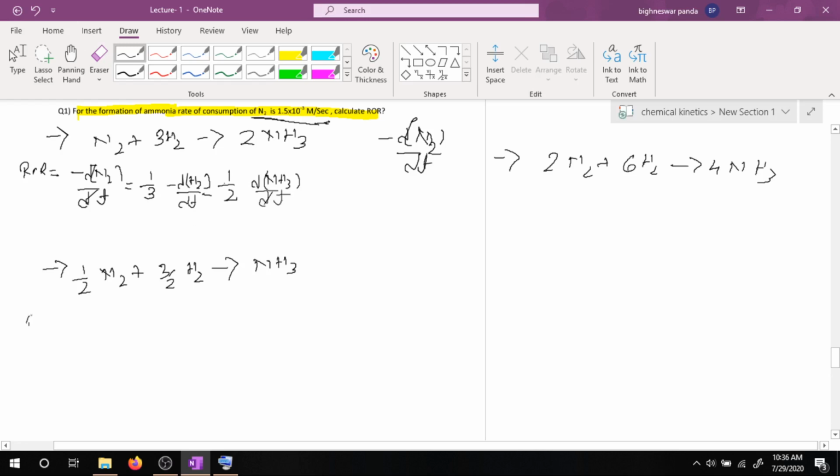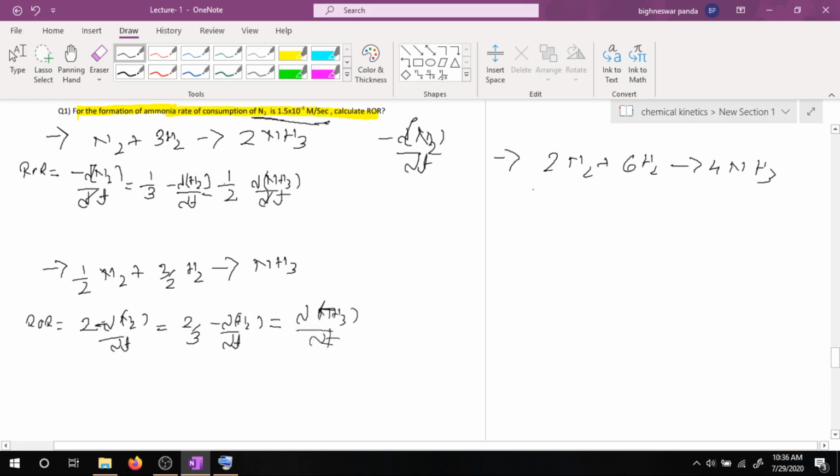So here the rate of reaction is equal to 2 times minus dN2 by dt, equal to 2 by 3 times minus dH2 by dt, equal to dNH3 by dt.